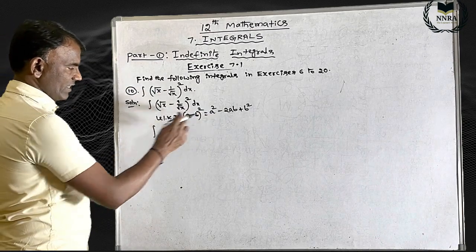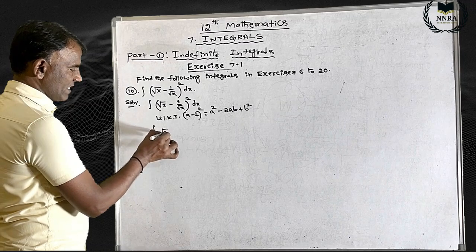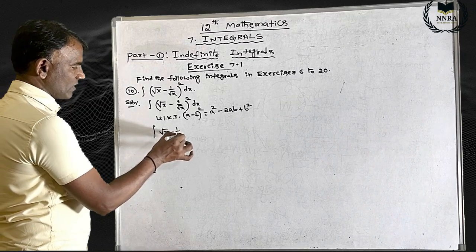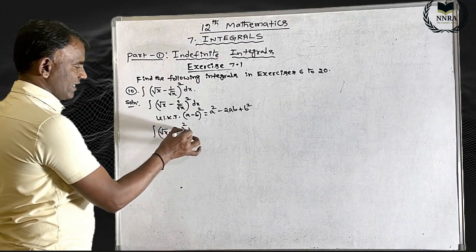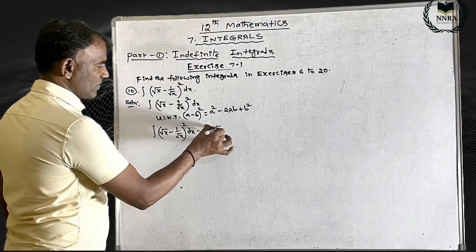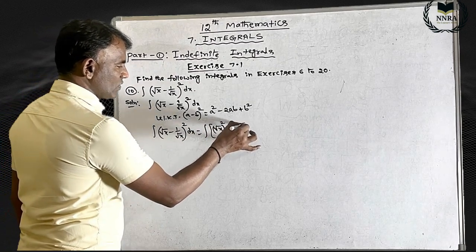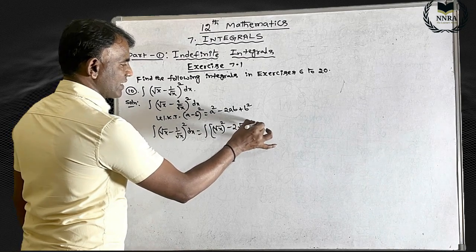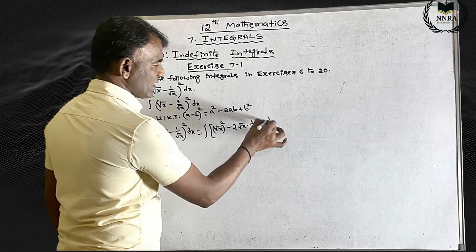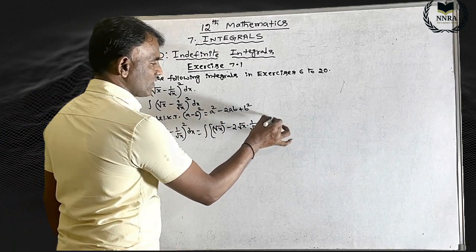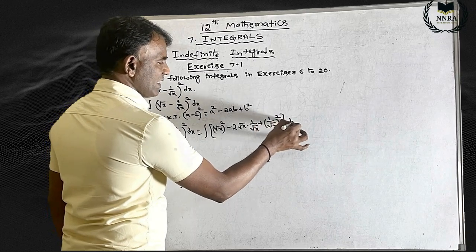So integral a square means root x whole square, minus 2ab, 2 into root x into 1 by root x, plus b square, that is 1 by root x whole square, then dx.